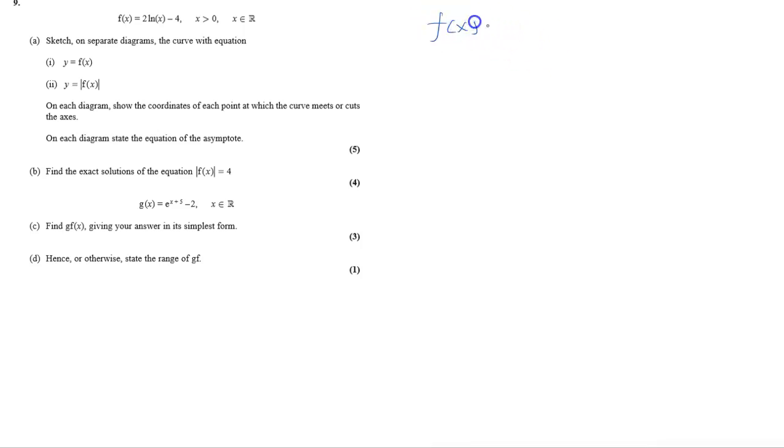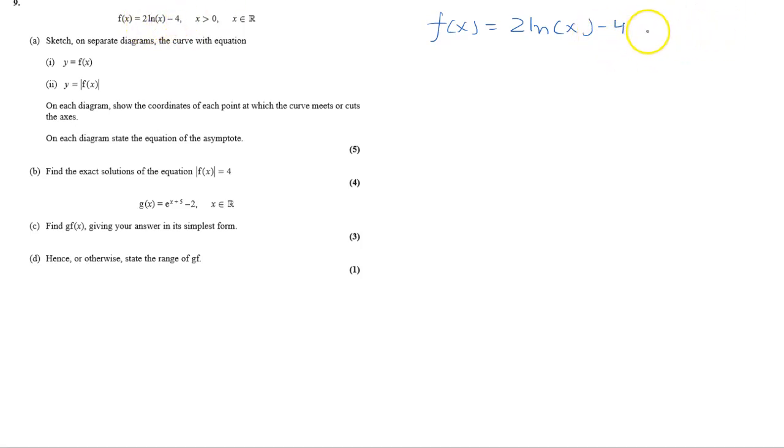Fx is equal to 2 ln x minus 4. Sketch it. We know the graph of ln x, then minus 4, and then 2 times it.